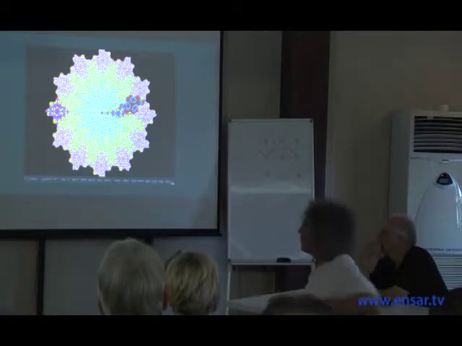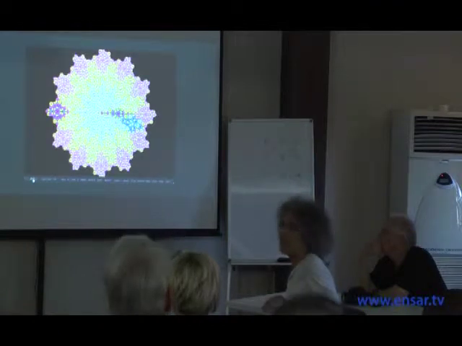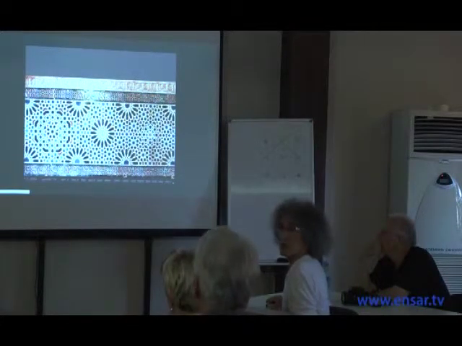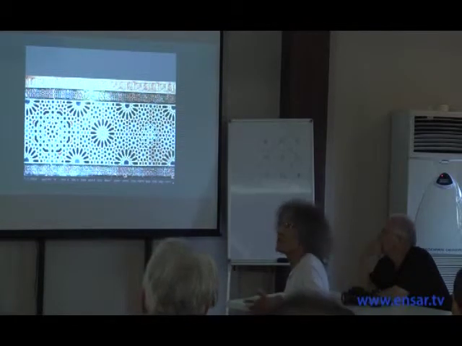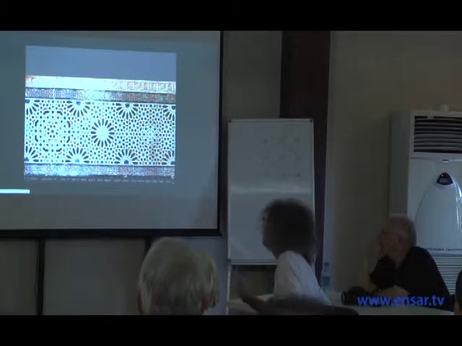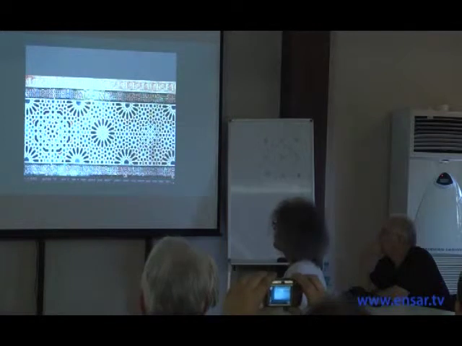Now I'm talking first about the octagonal system, a quick point of view. A famous example is this one in Andalusian style, in the Alhambra, but the method works for any pattern. So this is a main pattern.